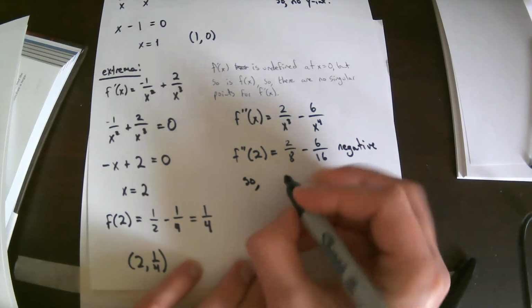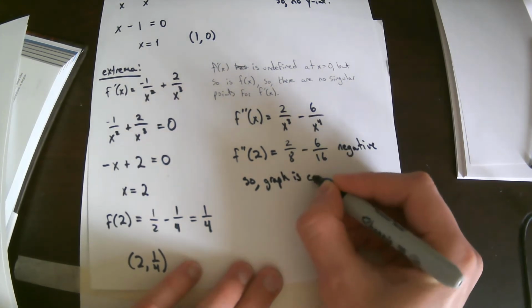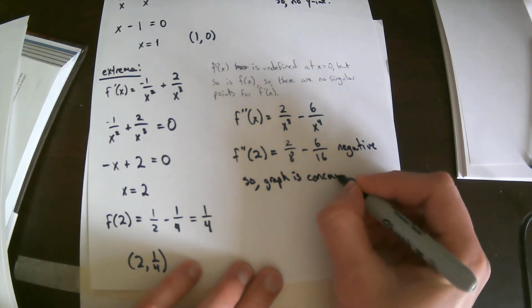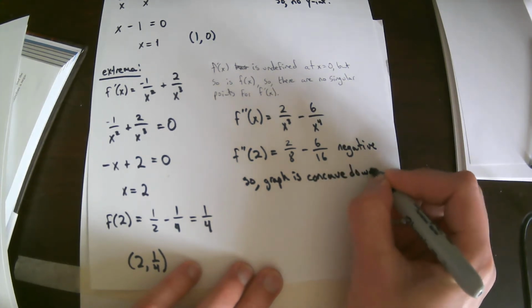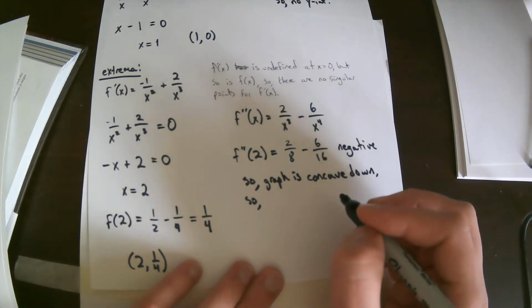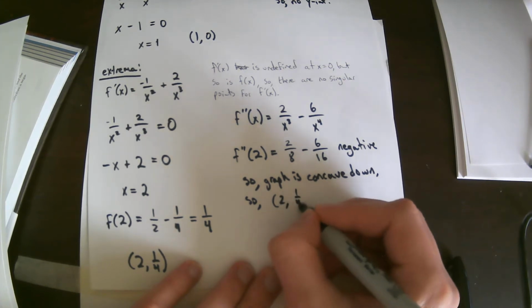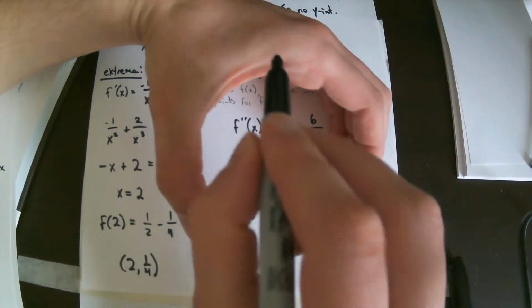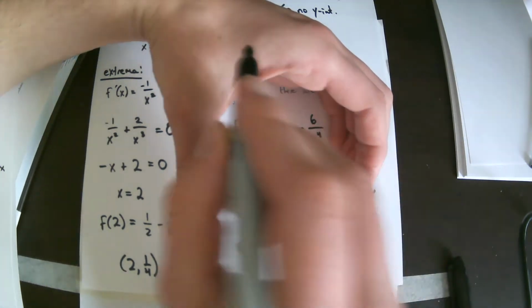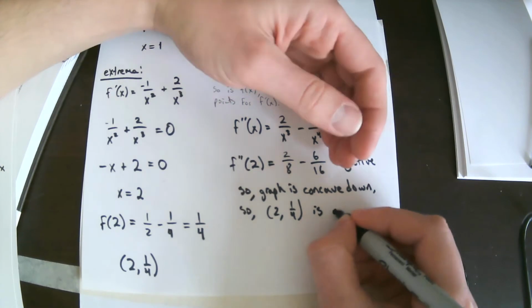So the graph is concave down. So at 2 comma 1/4, if it's concave down, and that point's right there where the derivative is 0, that means it is a maximum.